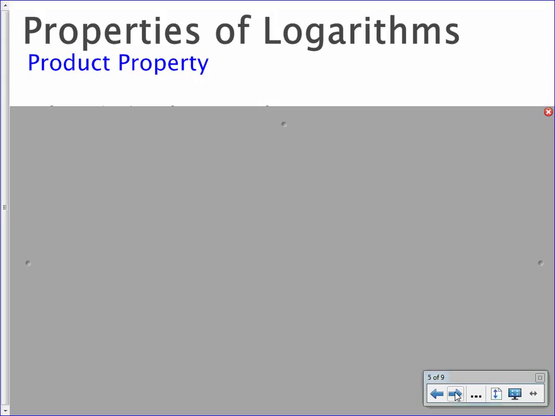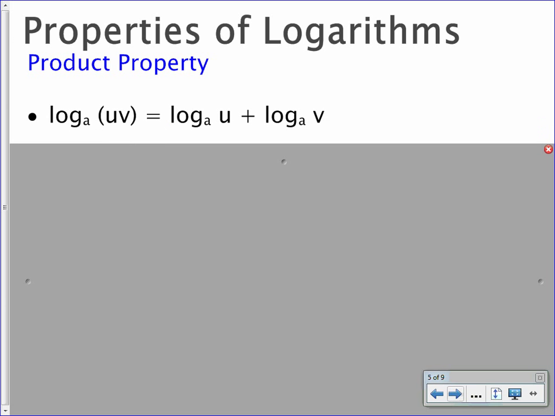Okay, if we're multiplying numbers with the same base, then we get to add their exponents. So, if there is multiplication inside of our logarithm, we can break up that logarithm by addition.